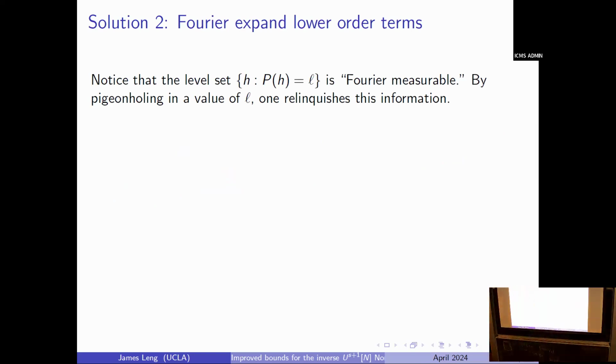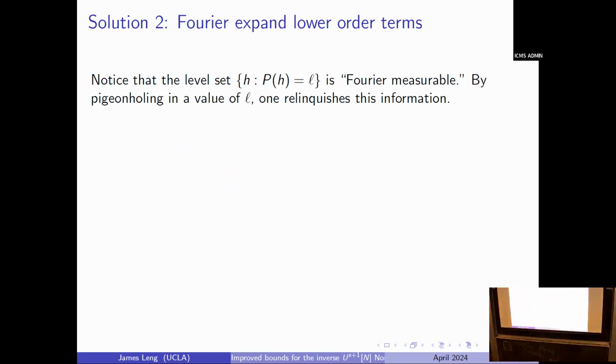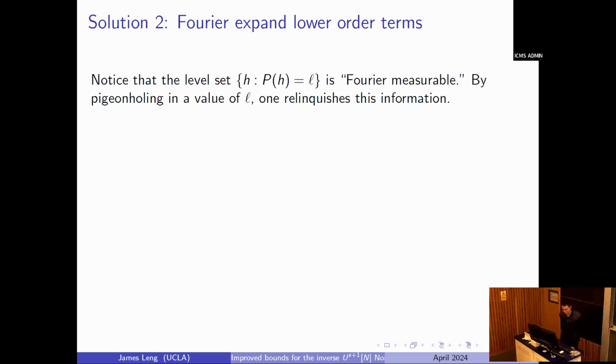But the trick to do over here is to convert everything into a bracket polynomial and then Fourier expand it. Notice that each one of these level sets is kind of Fourier measurable.